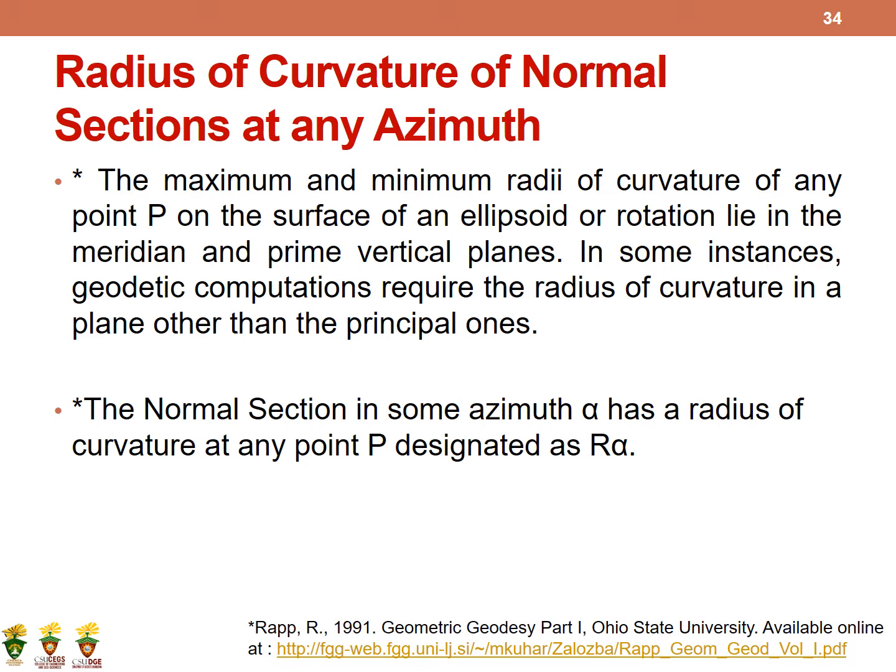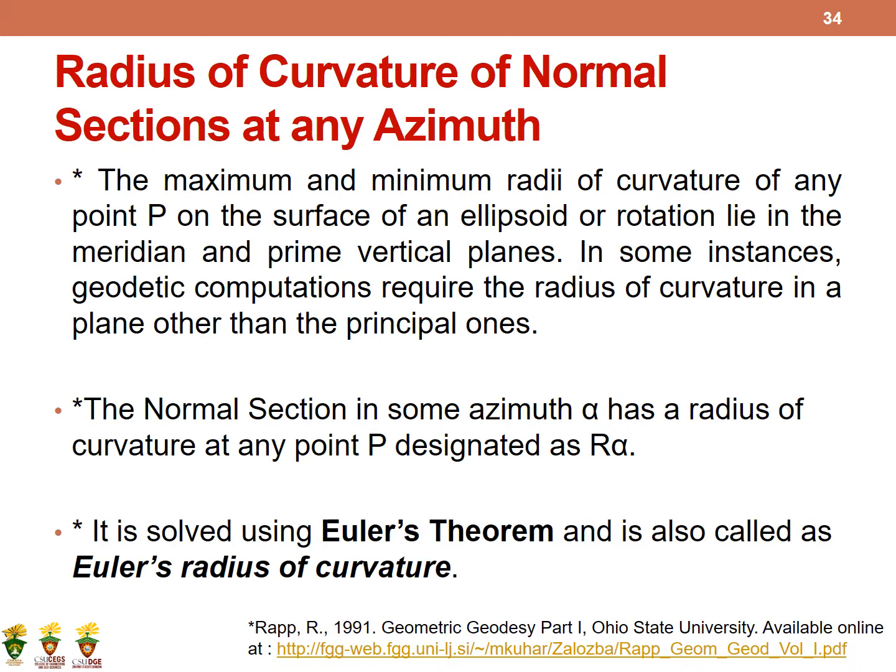The normal section in the azimuth is denoted as alpha and has the radius of curvature at any point P designated as radius at alpha, or R_alpha. The radius of curvature of a normal section at any azimuth is solved using Euler's theorem and is also called Euler's radius of curvature.